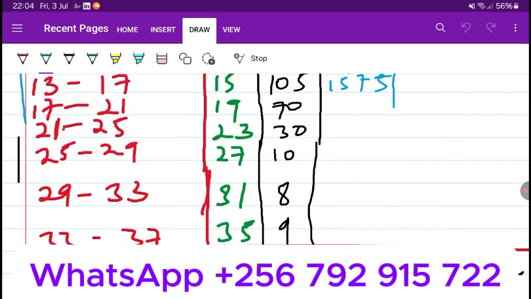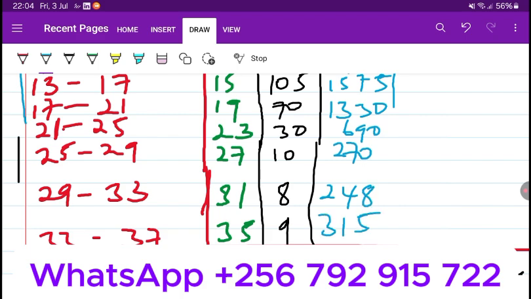So we fill in these values as well. 19 times 70, that gives you 1330. 23 times 30, it gives you 690. 27 times 10, that is 270. Then this will be 248, and lastly it is 315.